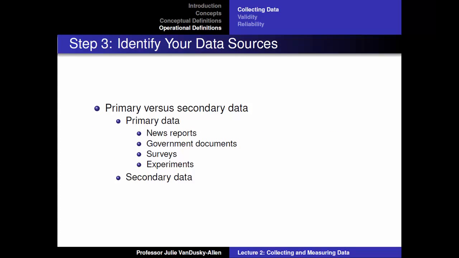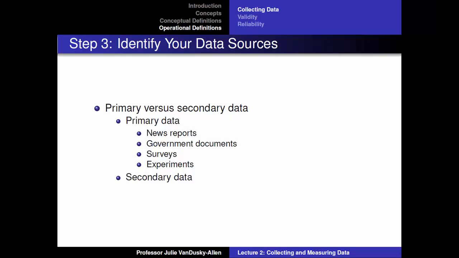The third step in creating an operational definition is identifying your data sources. Your data sources tell you whether your subjects meet the specific observable criteria in your variable. We can either use data we collected, which is called primary data, or use data that other people have collected, which is called secondary data.